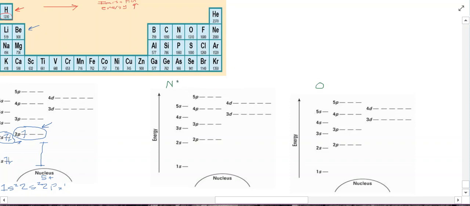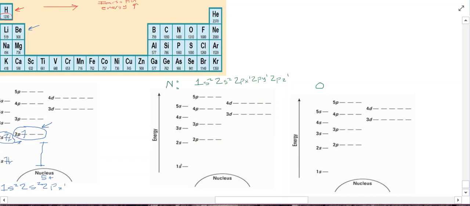So the electronic configuration for nitrogen is 1s2, 2s2, and then 2px1, 2py1, and 2pz1.